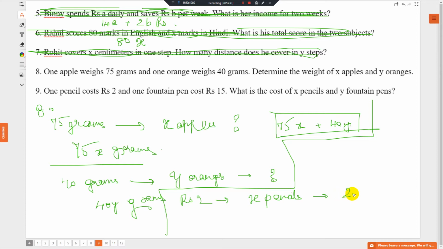Just multiply 2 by x. When they ask the cost of fountain pens at rupees 50, it gives 15y. So if we add 2x and 15y, we get the total cost.